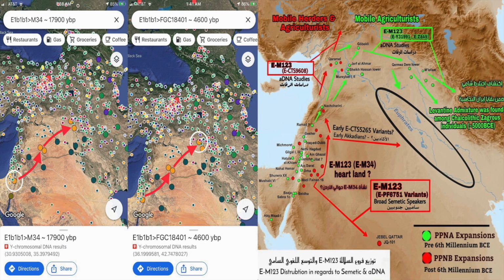Therefore, Abraham and his Semitic ancestors could have been E-V22, who would have left the Levant and gone into Mesopotamia.